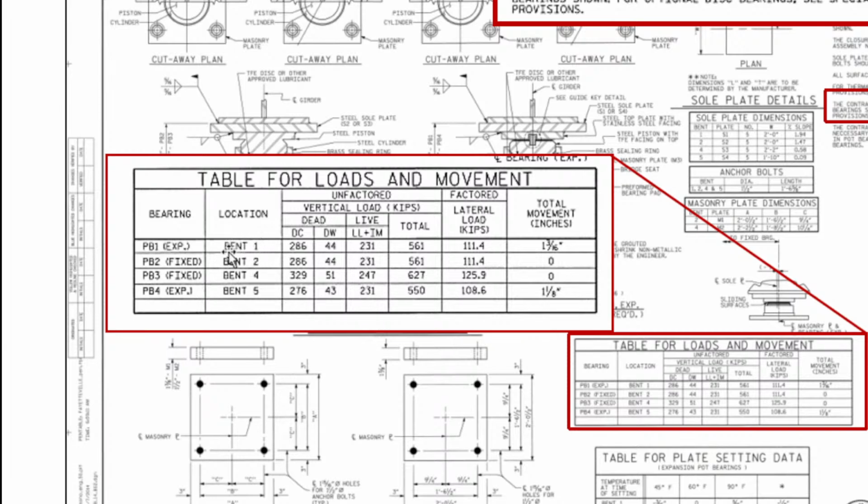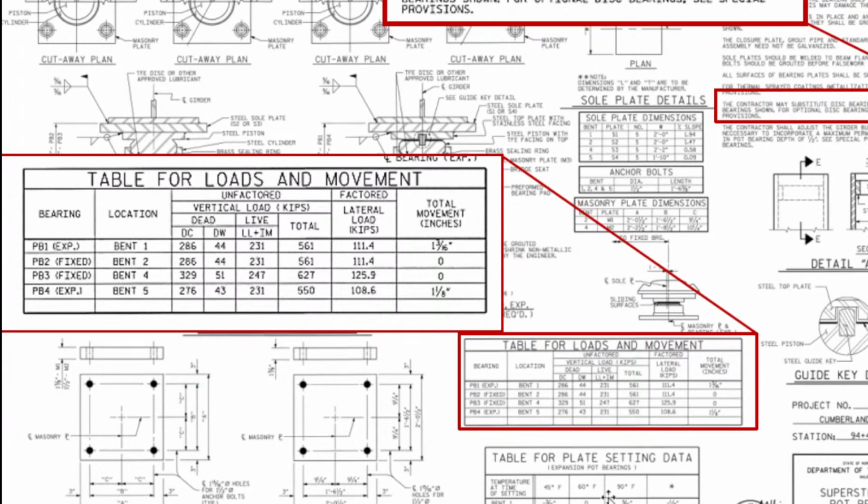Where it is located: bent 1, bent 2, bent 4, bent 5. Those are the locations of these bearings.